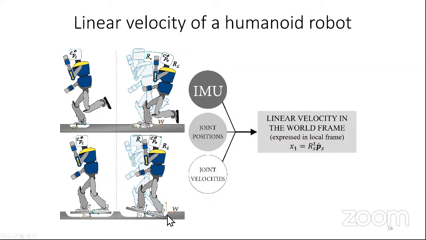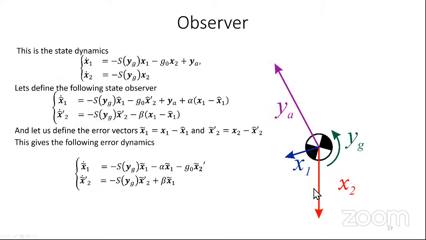If we know the fixed point, then just using the IMU, the encoders, and the joint velocity, we can rebuild the linear velocity in the world frame expressed in the local frame. Let me call it x1. And let me call x2 the direction of gravity in the local frame. This gives a kind of roll and pitch, 2 degrees of freedom of the orientation.